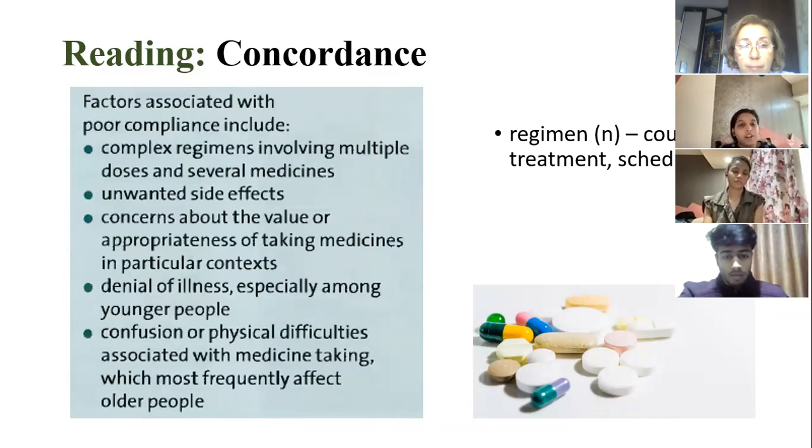Factors associated with poor compliance include complex regimens involving multiple doses and several medicines, unwanted side effects, concerns about the value or appropriateness of taking medicines in a particular context, denial of illness, especially among younger people, and confusion or physical difficulties associated with medicine taking, which most frequently affect older people.